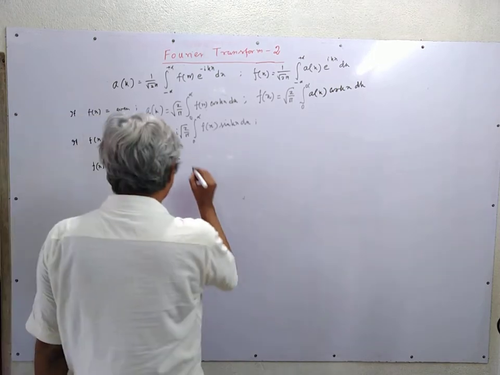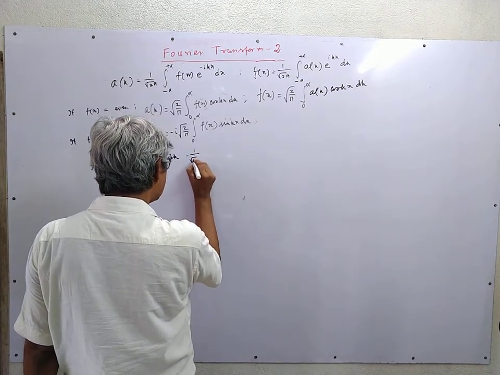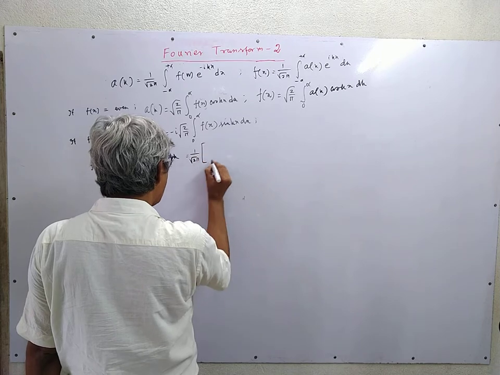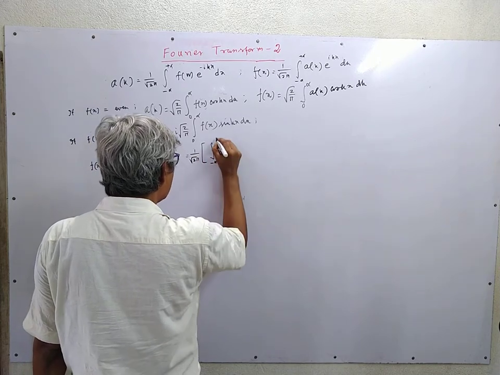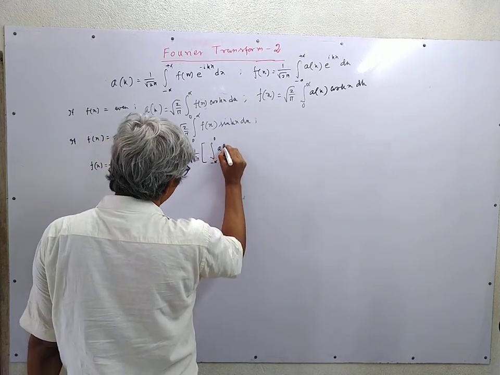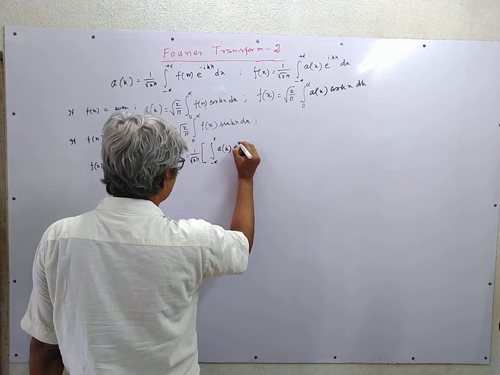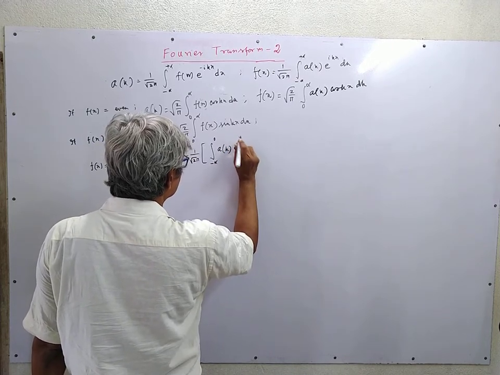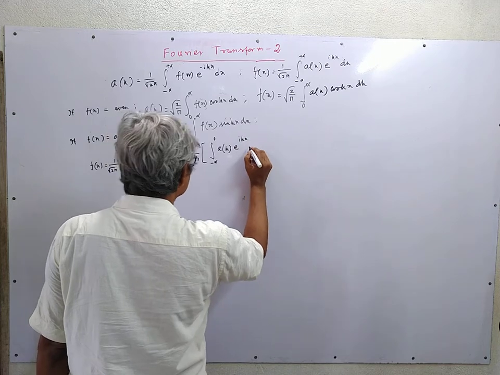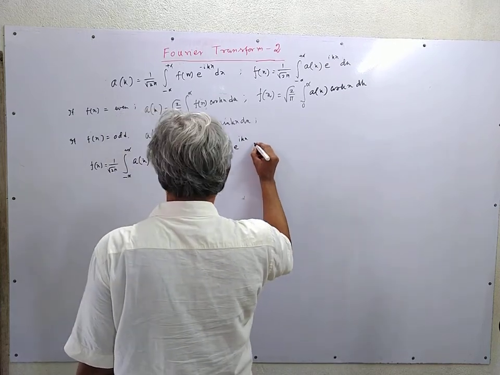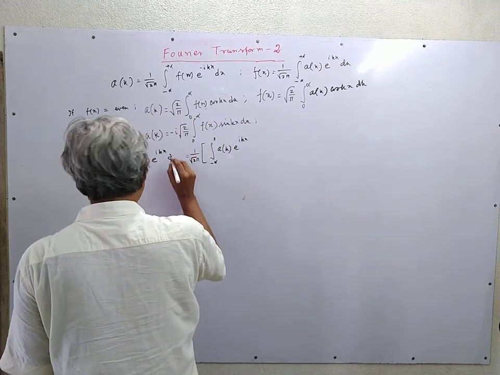We write it as e to the power ikx dk. This is d of k.